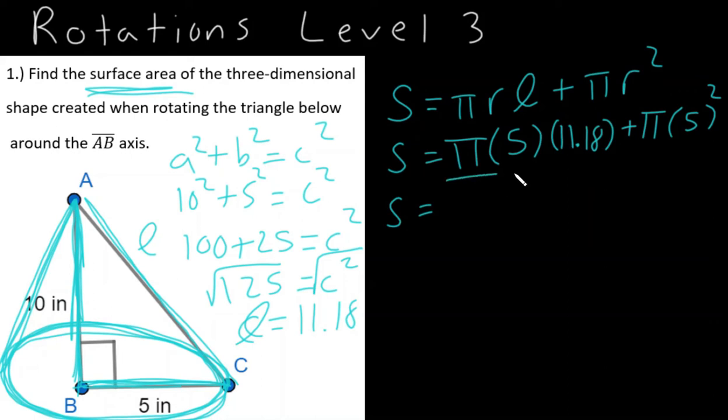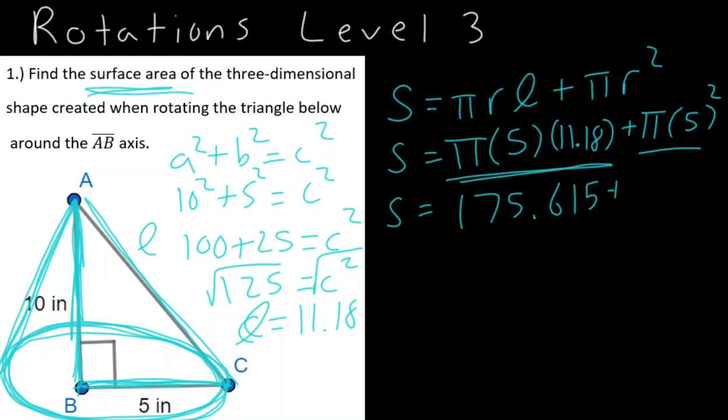And now we can go ahead and tackle this. Now what I would do if I were you is I would tackle these as separate parts. So I would do pi times 5 times 11.18. Of course this will give us 175.60. You know what, actually let's go up 3 digits, 175.615, plus. And over here we have pi times 5 squared.